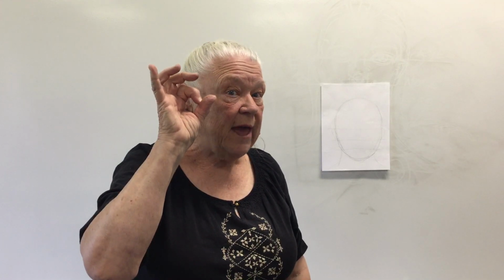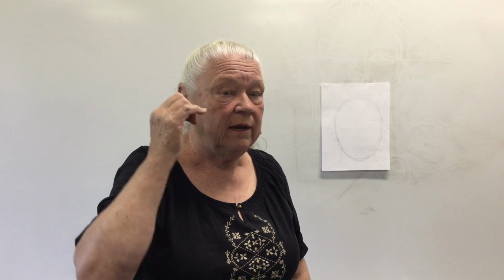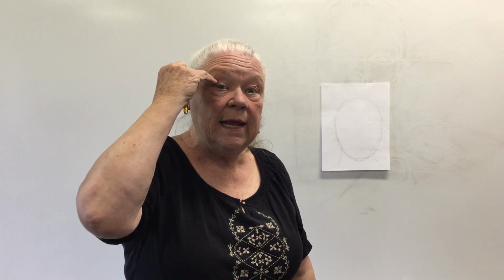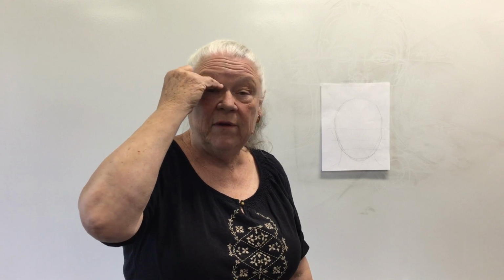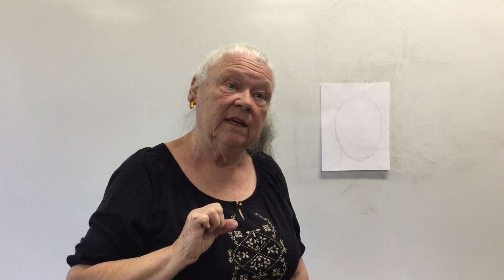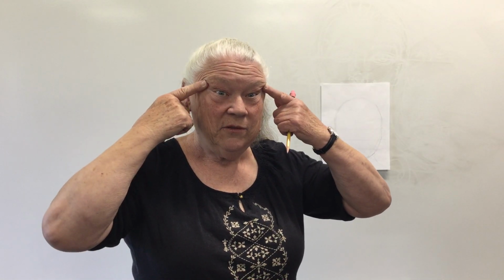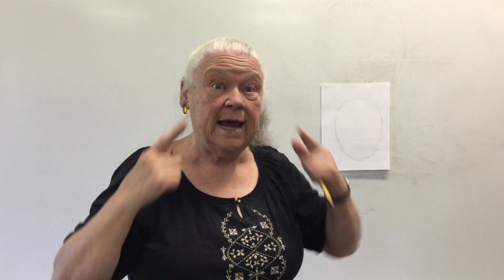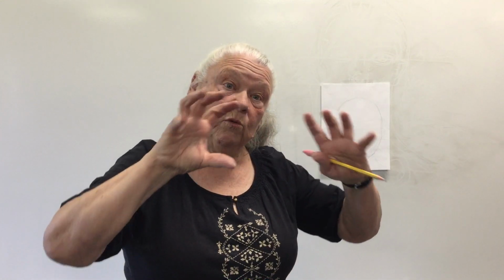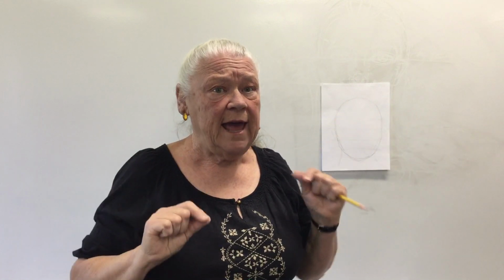And the pupil, that dark spot in the middle. How much do you see of that? Look at the eyelid and the wrinkle that you have up here. How much of the eyelid can you actually see? Your eyes might tilt up this way or they might tilt down. They might be more rounded or they might be a lot longer, like that.